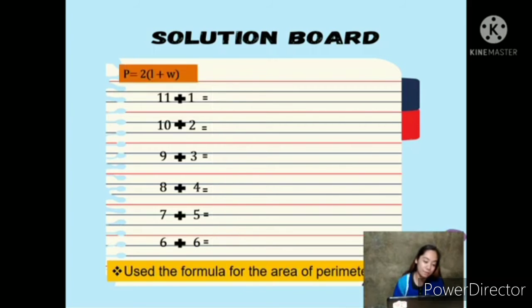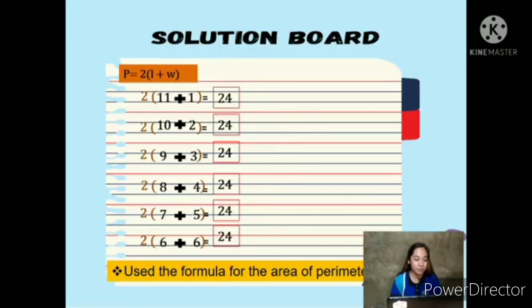gagamitin na natin ng formula for the perimeter, which is P is equal to length plus width times 2. So, yan. So, 11 plus 1 times 2 is equal to 24. So, ganun din po yung ibang number.